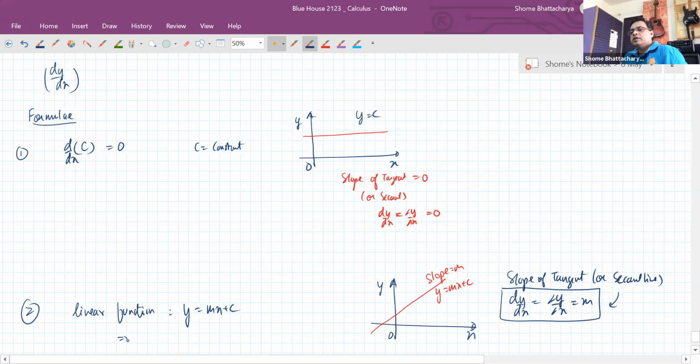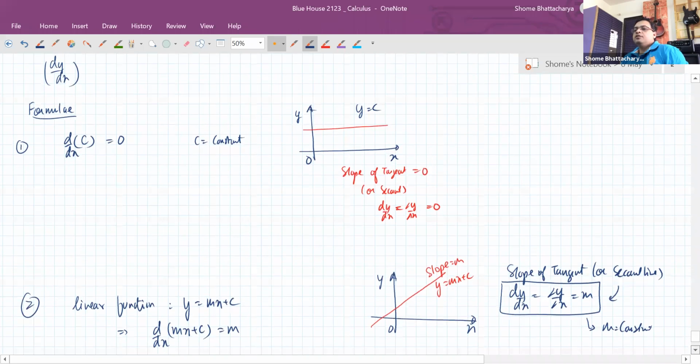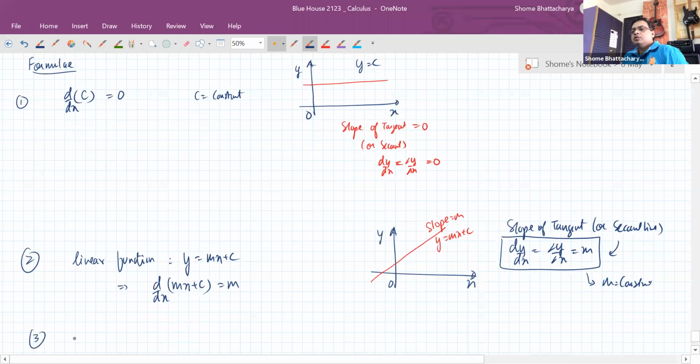So that means that the instantaneous rate of change of a linear function mx plus c is a constant.